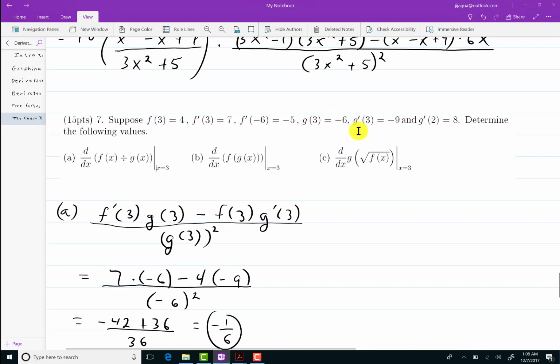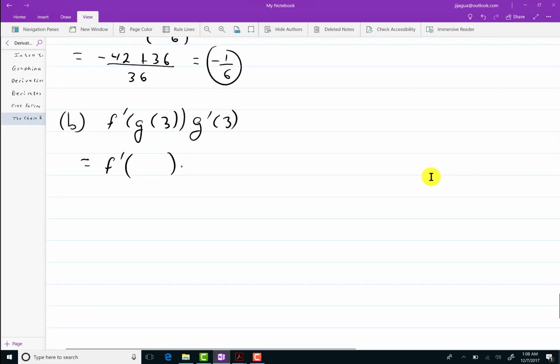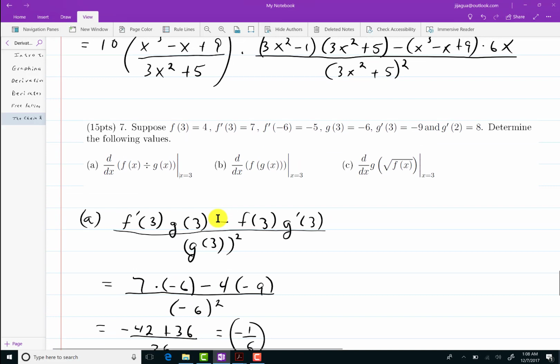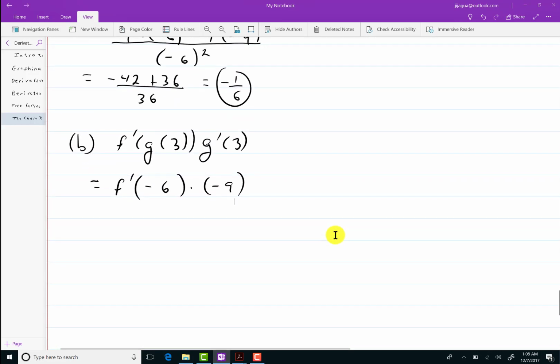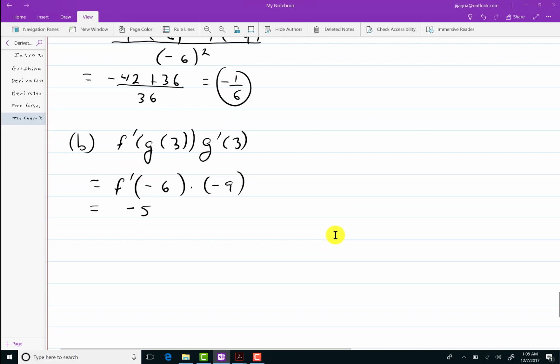G of 3 was negative 6, and then g prime of 3 was negative 9. And then finally, f prime of negative 6. Let's see, there it is. Prime is negative 5. So that equals negative 5 times negative 9 equals 45.